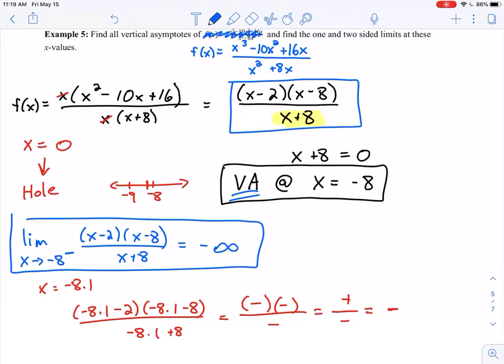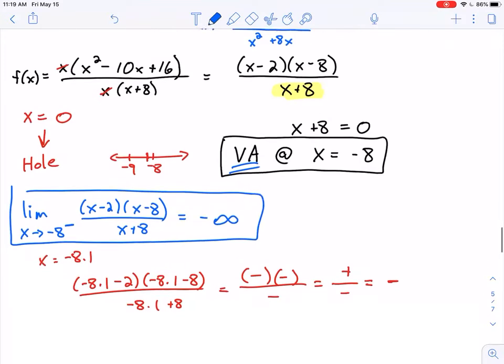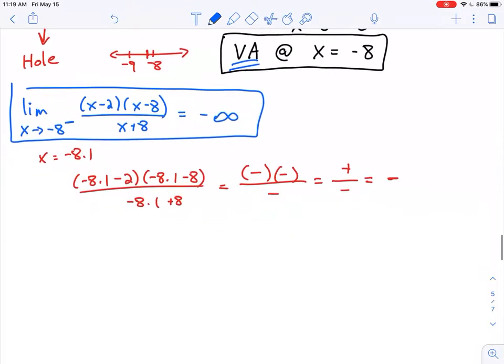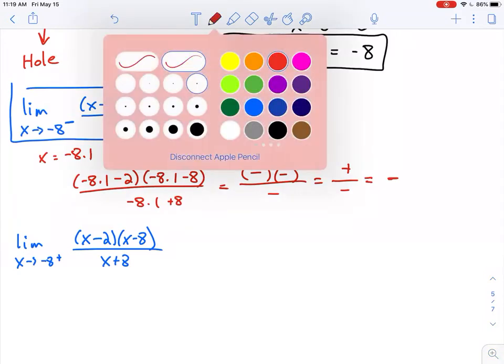I'm now going to do the same thing for the right-handed limit as well. So for the right-sided limit, the limit as x approaches negative 8 from the right-hand side, I've got x minus 2 times x minus 8, all divided by x plus 8. And here again, I need a number on the right-hand side.